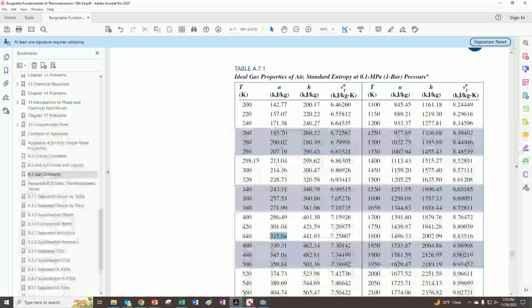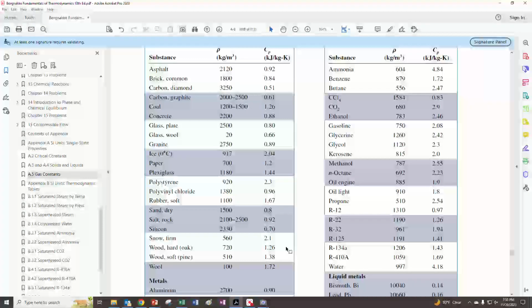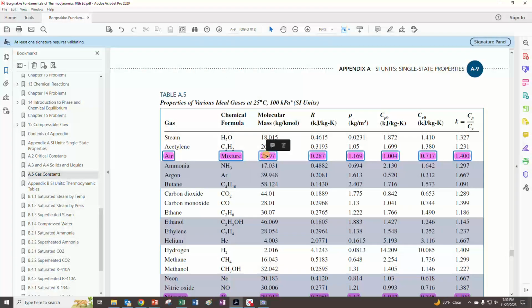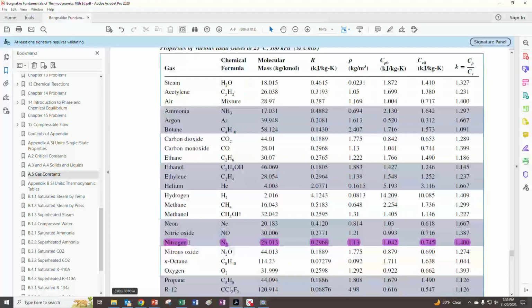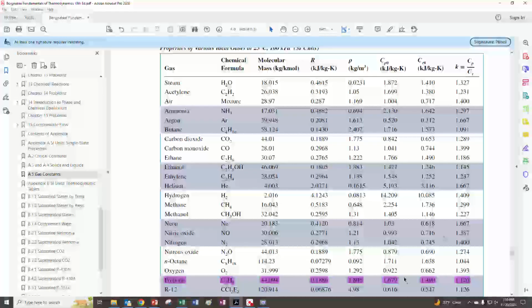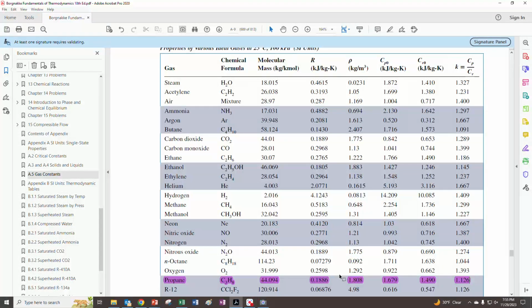So first we'll go to our properties up here. Here's propane down here. Let's write all those down. Table A5, and R is 0.1886. I'm going to leave off the units and write Cp 1.679.